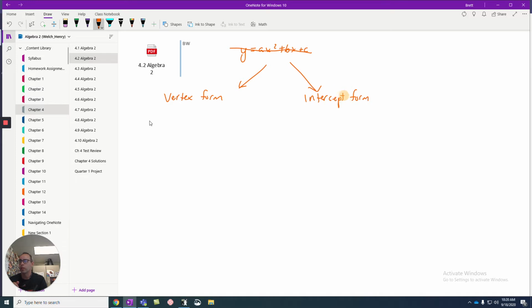Vertex Form will look like this, and it should look pretty familiar to you: y equals a, parentheses x minus h close parentheses squared plus k. The reason we call it vertex form is that from this format, we can find the vertex is at (h, k).